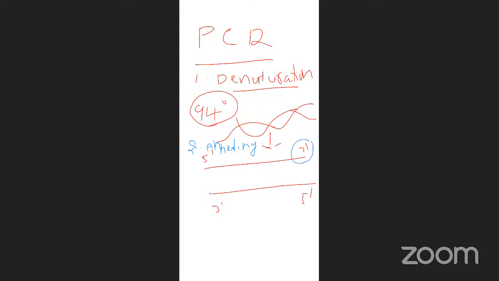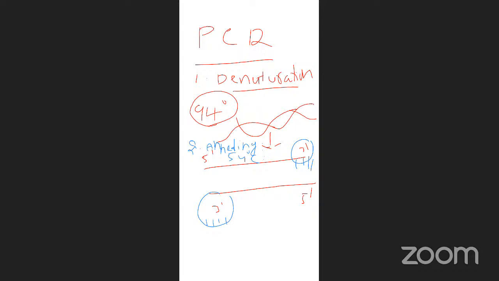This is the 3' end, and this is also the 3' end. For suppose this is a primer and this is also a primer. These complementary primers attach at both 3' ends, and this is carried out at a temperature of 54 degrees centigrade. Only 54 degrees. This is very important for the long question. Please be careful.